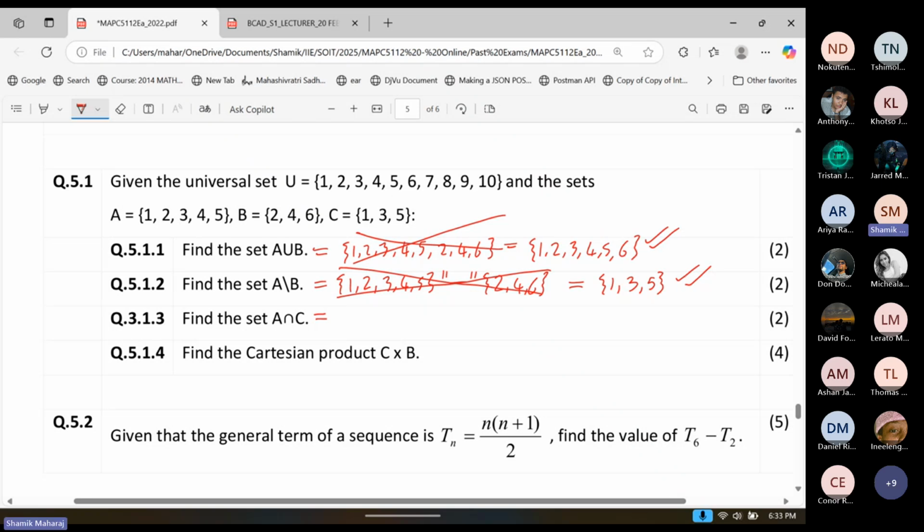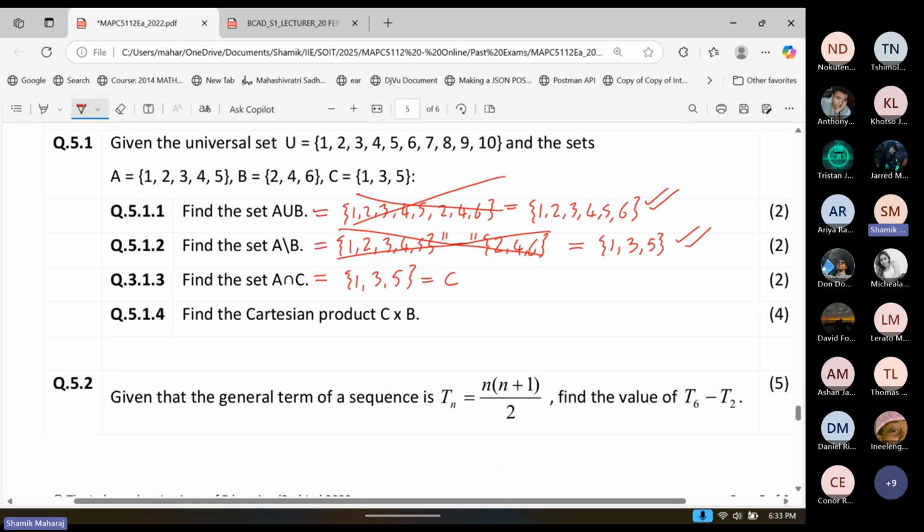So what's common between A and C? That's all we need to write here. I see 1 is common between both of these, 3 is common, and 5 is common. So the answer happens to just be C. You don't have to write that, but we notice it so we can write it.